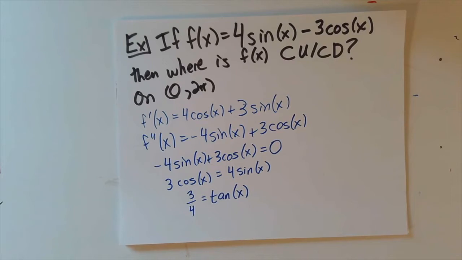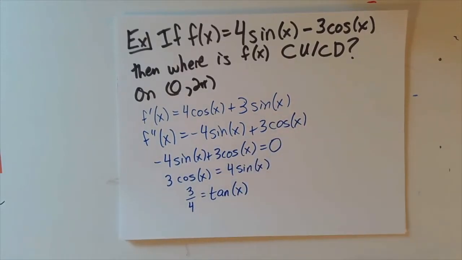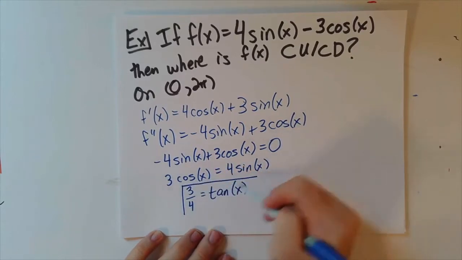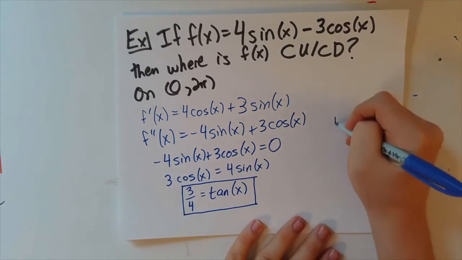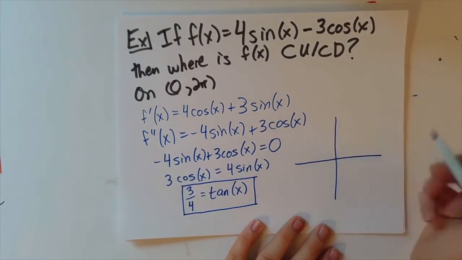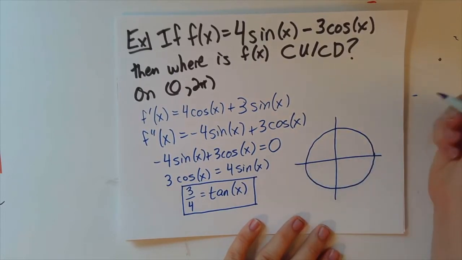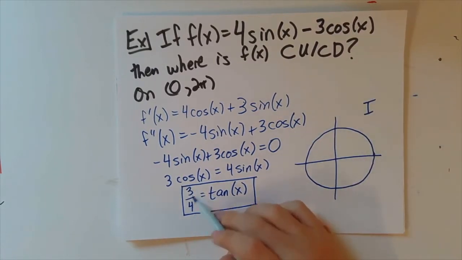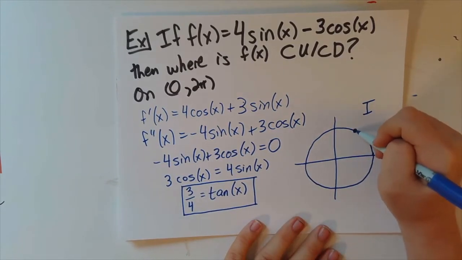Okay. Now, I suspect that most people got here and then weren't sure what to do because it's not clear where on the unit circle this happens. So I know this happens somewhere on the unit circle, and if I draw the unit circle, the somewhere that this happens is living somewhere in here in the first quadrant. So this being 3/4 is saying the x-coordinate's a little smaller than the y-coordinate, so it's somewhere up here.